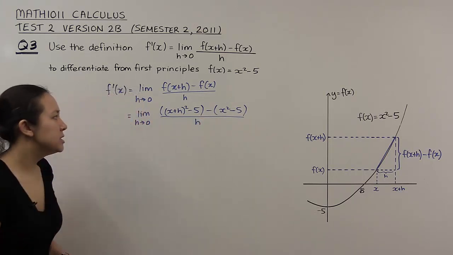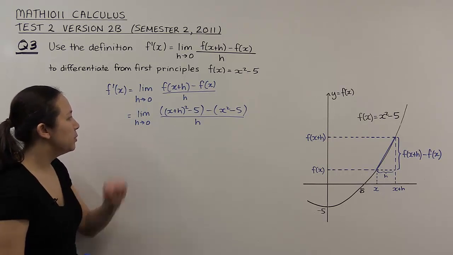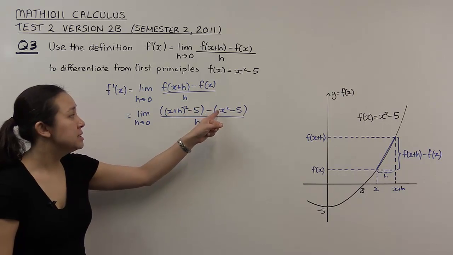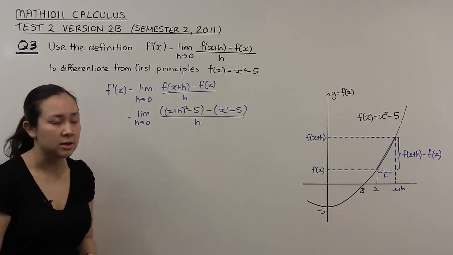Now we want to simplify until we can evaluate this limit. At the moment, if I put h equals 0 in, I get x squared minus 5 minus x squared minus 5, which gives 0 divided by 0, which I can't evaluate.